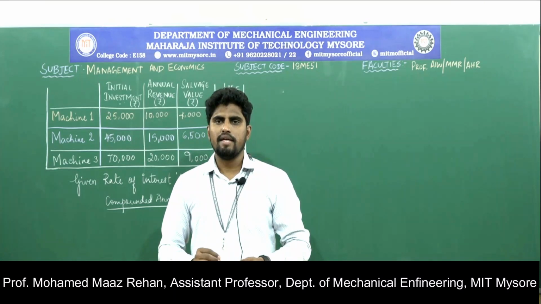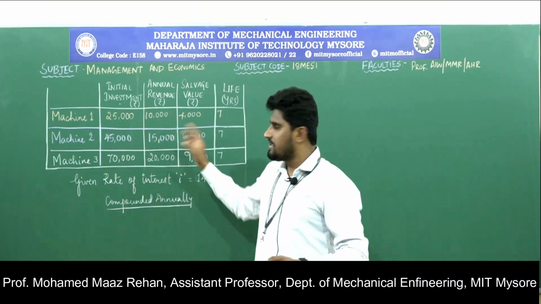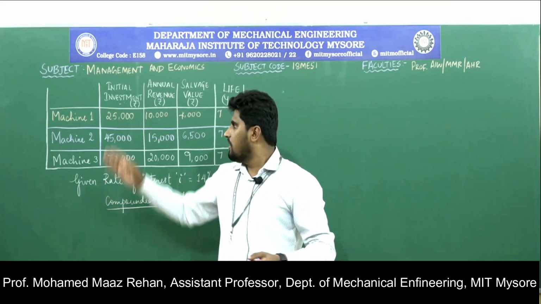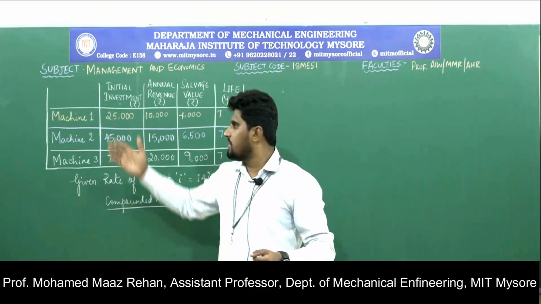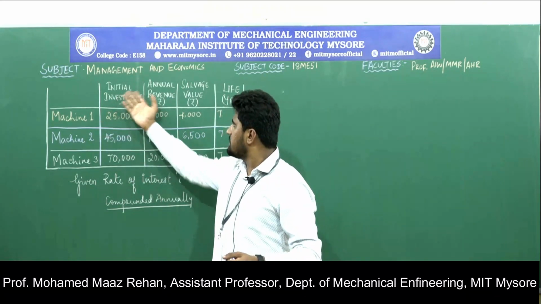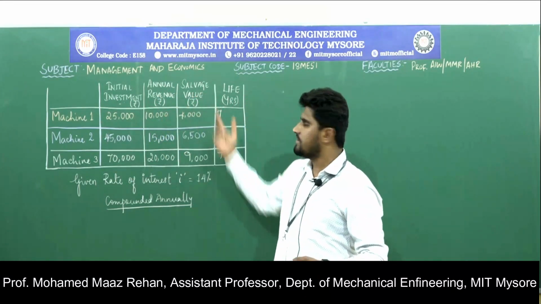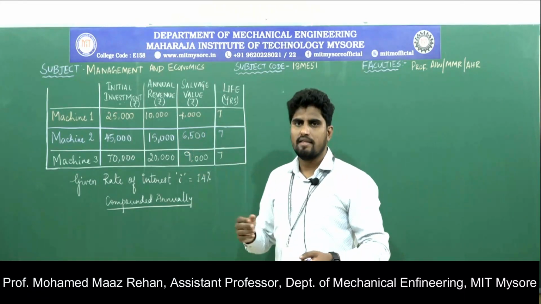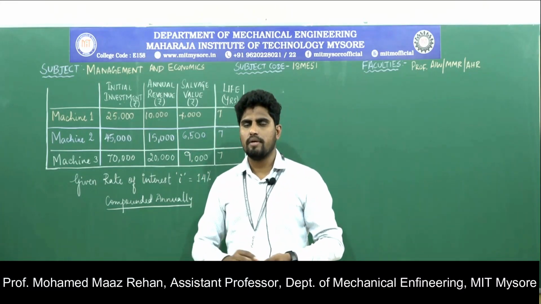So here we need to select the best machine. An entrepreneur is willing to purchase a machine, and he has got the initial investment, annual revenue and salvage value from 3 different manufacturers. He wants to select the best one. How are we going to select?